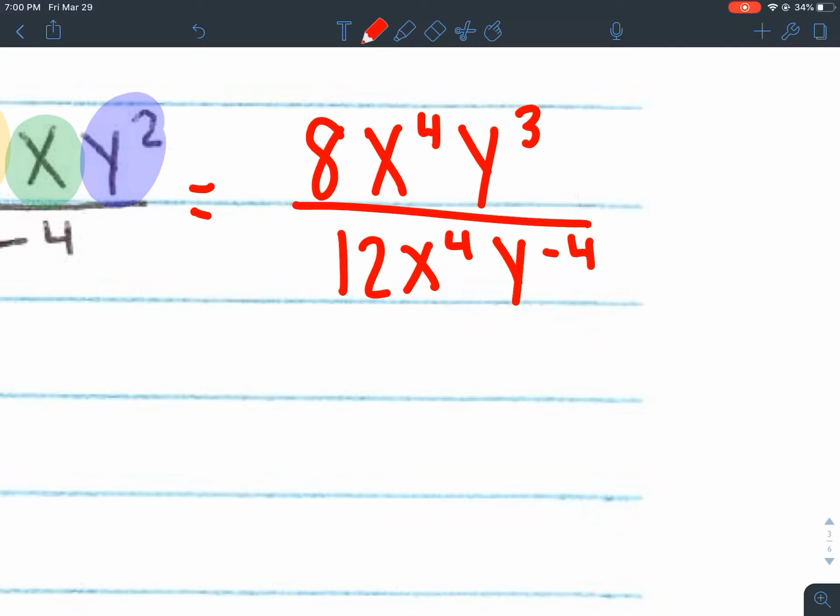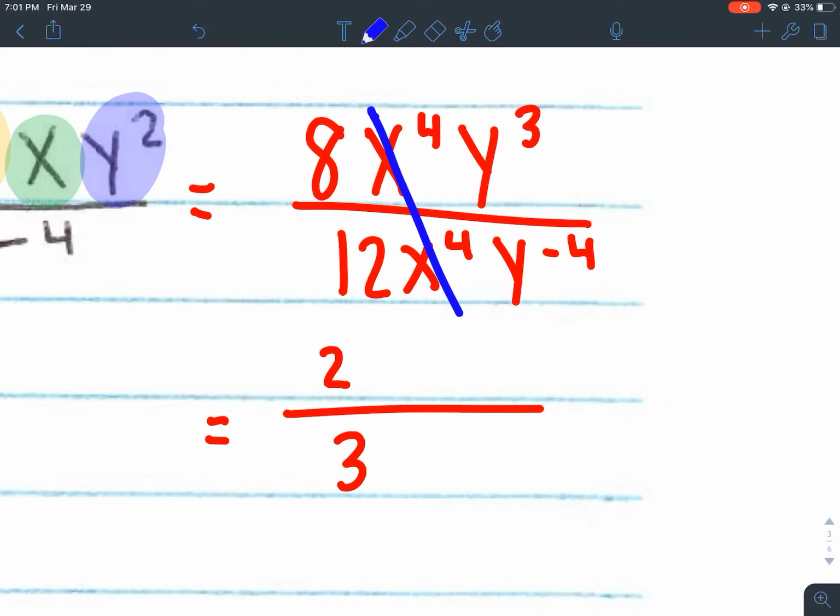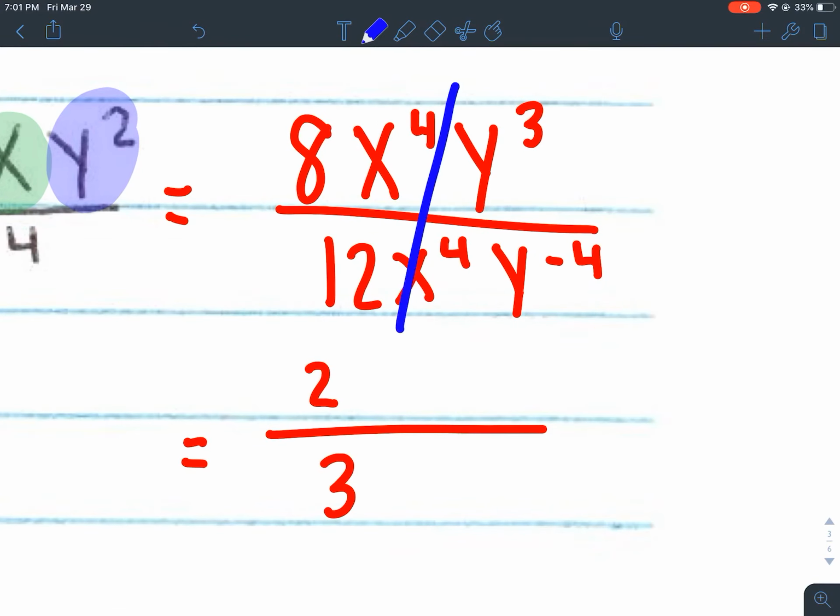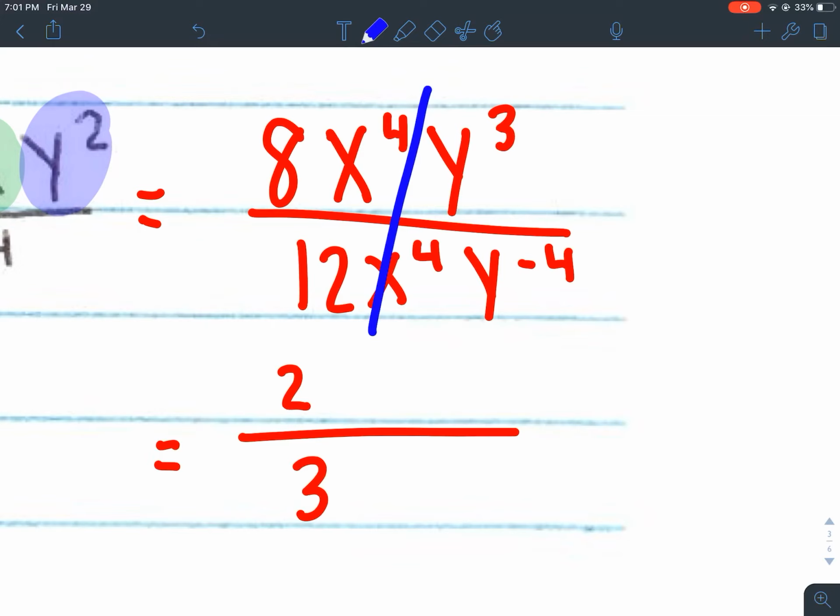Now I can simplify. Well, 8 divided by 12 can be simplified as a fraction. That's going to give me 2/3. Okay? Now, x to the 4th divided by x to the 4th. That's just 1. So these actually cancel. So I'm not even going to write those out. Okay? And then I have y cubed over y to the negative 4.